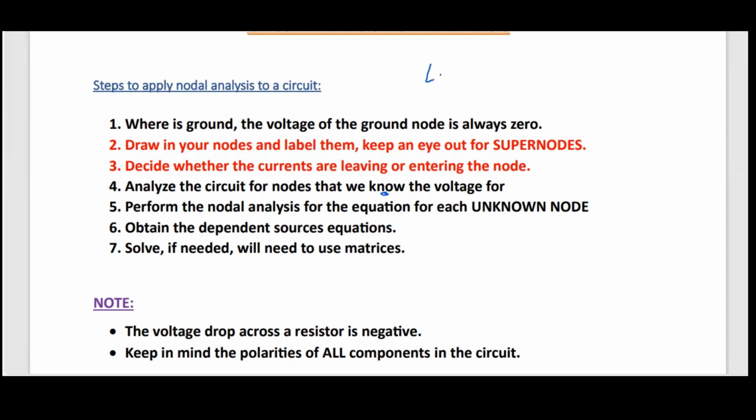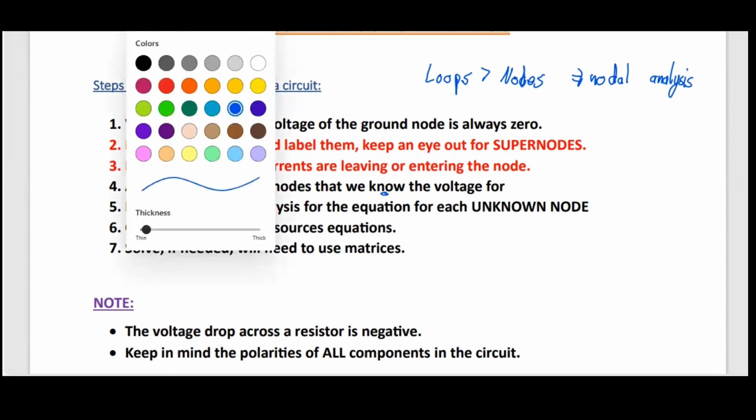if you have more loops than nodes, you use nodal analysis. Basically, you use whichever one you have the least of. So if you have fewer nodes than loops, you use nodal. The other way around is true too, right?